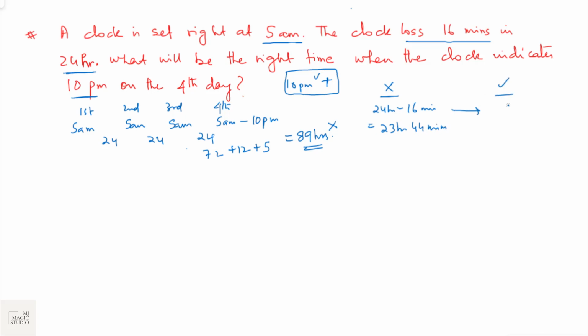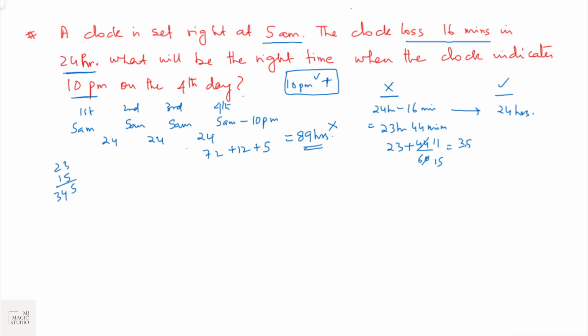Then the movement on the correct clock is 24 hours. Now let me convert this 23 hours 44 minutes into hours. This would be 23 plus 44 by 60, 23 into 15 plus 11, 345 plus 11.